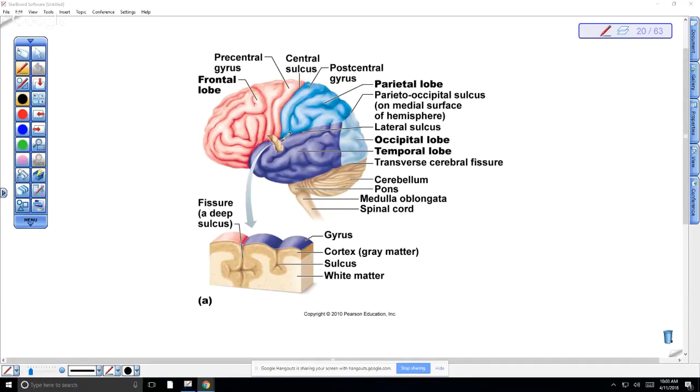So we're going to talk about this central sulcus. And so notice that the central sulcus is a region of the brain that separates the frontal lobe from the parietal lobe. So that's the central sulcus. And so we're going to talk about that right now as we talk about the different parts of the cerebral cortex.